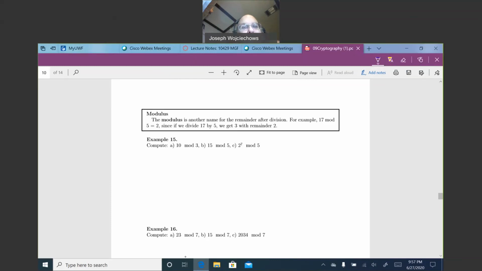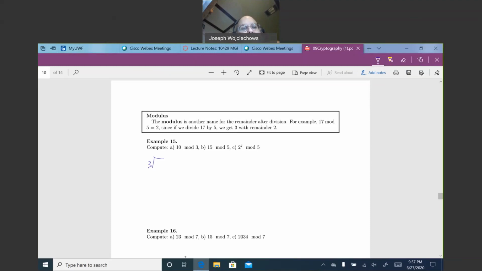So 10 mod 3 would be 3 into 10, which is 3, remainder of 1. So the answer to A is 1. Okay, 15 mod 5 would be 5 goes into 15 3 times with a remainder of 0. So B would simply be 0.